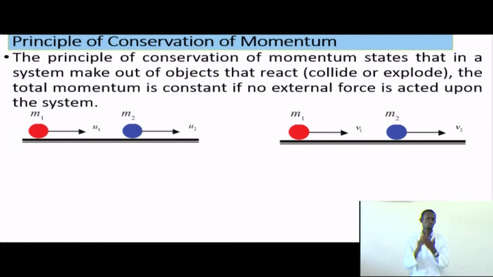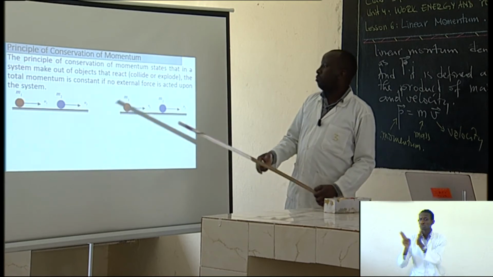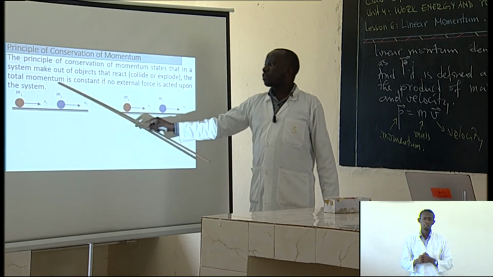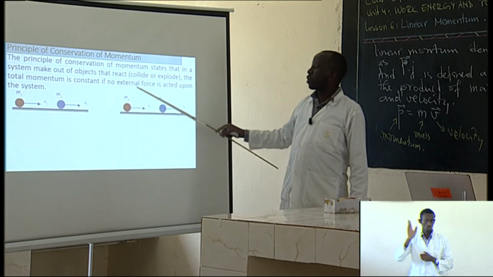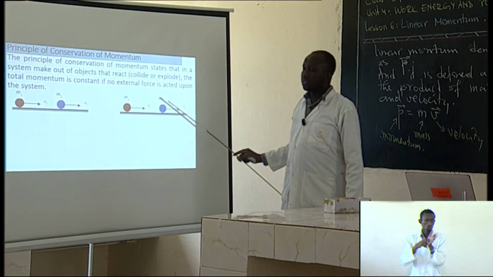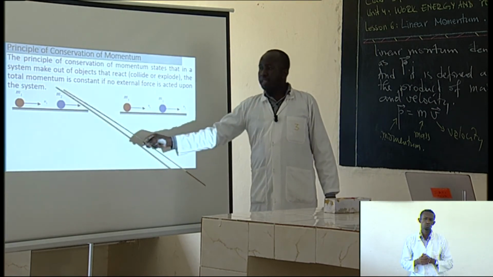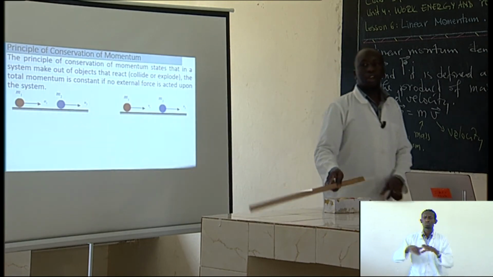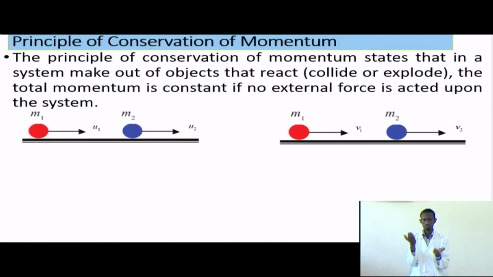So we have the principle of conservation law of linear momentum, which states that in a system made out of objects that react, that collide or explode, the total linear momentum is constant if no external force is acted upon the system. So we have the two masses.